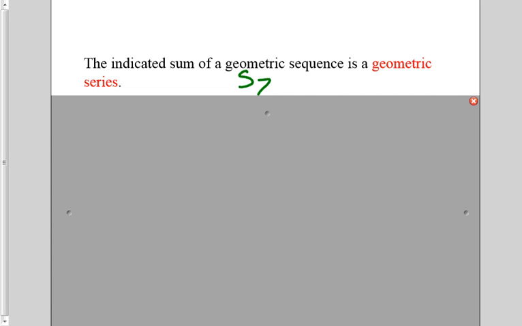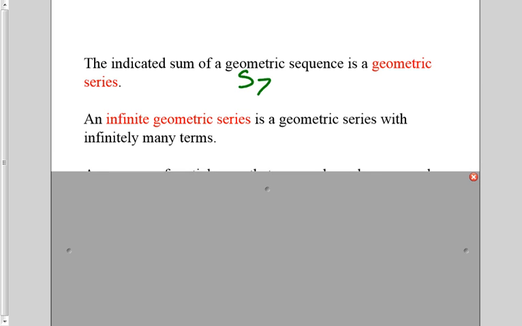That is the sum of the amount of pie he had eaten on the first 7 days in this series, which we found to be 127/128 of a pie on day 7. Now, an infinite geometric series is a geometric series with infinitely many terms. Here, this is that Jack lives forever. There are infinitely many terms when Jack lives forever. So that is actually the question in part C.